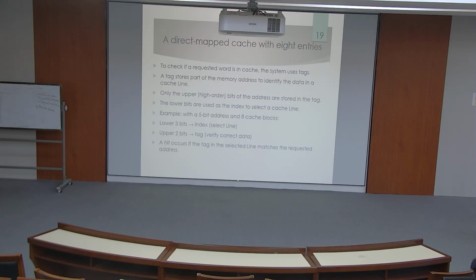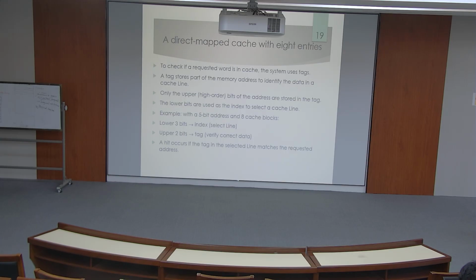So we need only the upper, high-order bits of the address stored in the tag. The lower bits are used in the index to select a cache line.